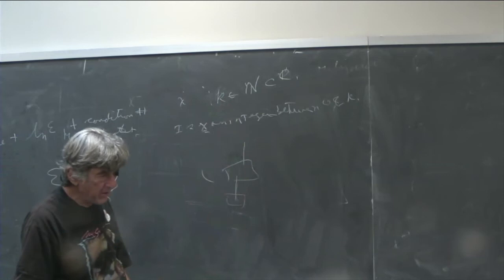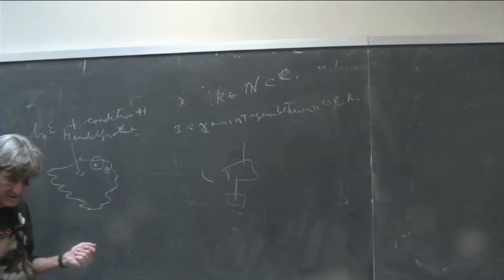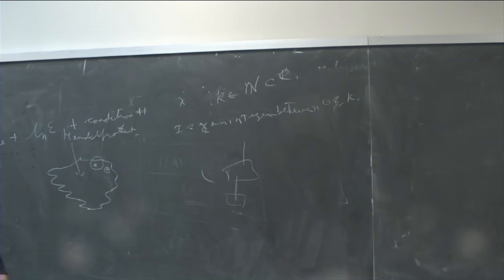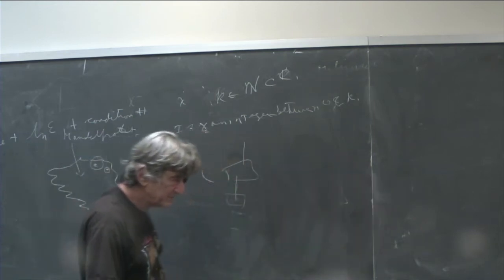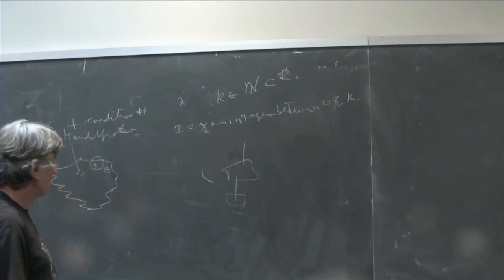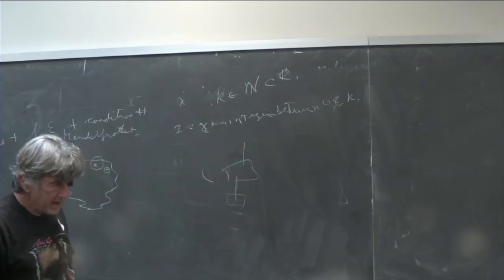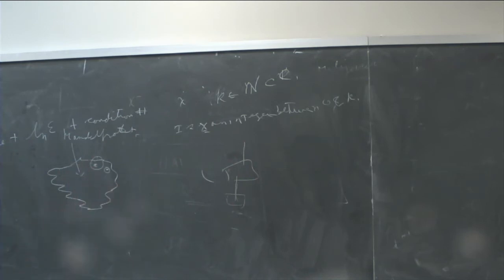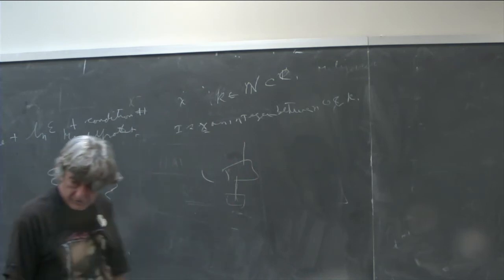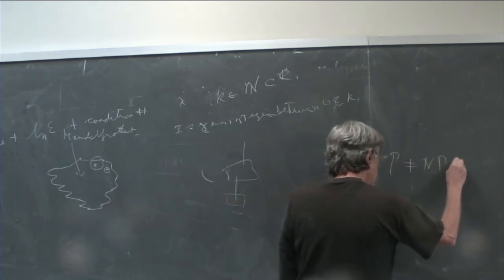You can't find the binary expansion though, because you don't have inequalities. But you can be given the binary expansion as your clue, and then you check. So okay, this problem is in NP, and it should not be in P. And so this should prove that P is not NP over the complex numbers. So this is the question, P not equal to NP over C.